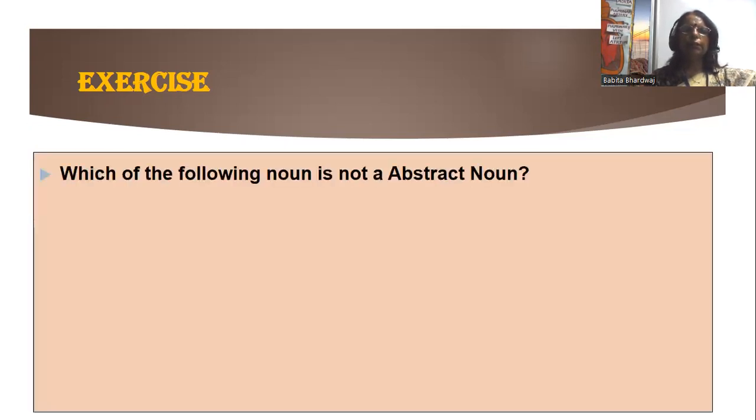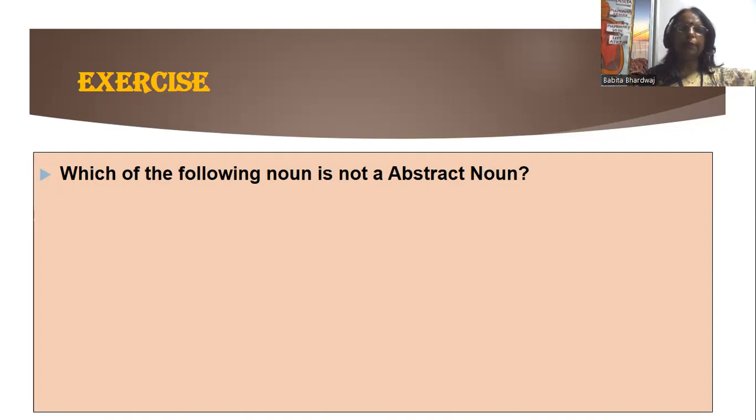Now the next question is about an abstract noun. Which of the following noun is not an abstract noun? So you have to be careful before attempting any answer, whether your question is positive or negative. Here you can see which of the following noun is not an abstract noun. So you have to see that out of the given options, which one is not an abstract noun.